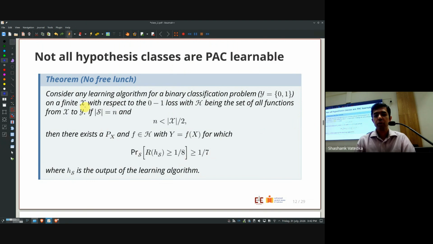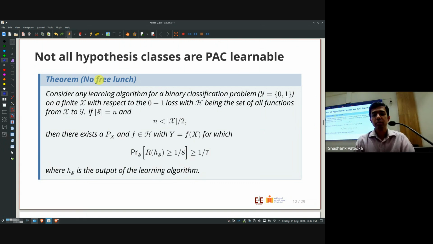Because how many possible functions do you have from a finite x to 0, 1? Correct. It's just 2 to the power cardinality of x. You can independently label each point either 0 or 1. So for each, you have 2 choices, and you have cardinality x many elements. So you have 2 to the cardinality of x possible labelings.